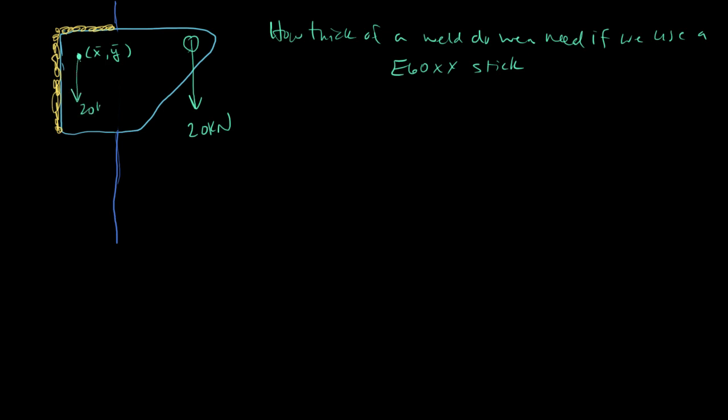So it'll be 20 kilonewtons, and it'll have an applied torque. We're just making an equivalent loading condition to what's out here in the end, but we're doing it with respect to this centroid so that we can calculate the moments of inertia and polar moments of inertia relative to that centroid.